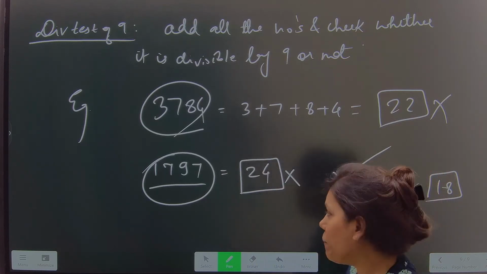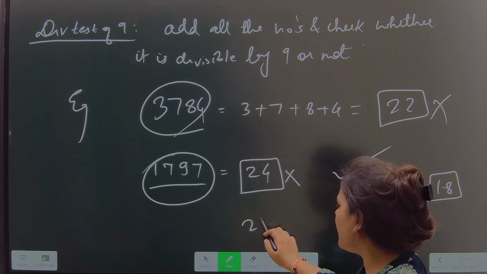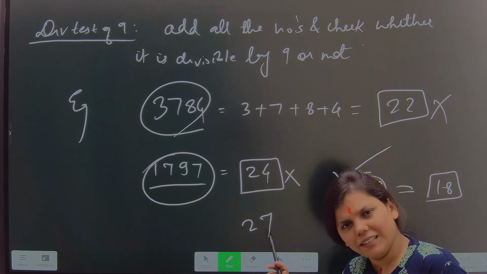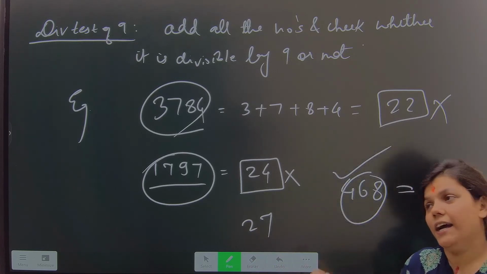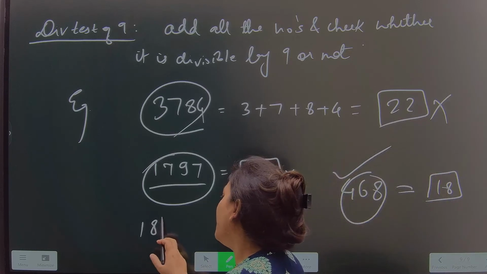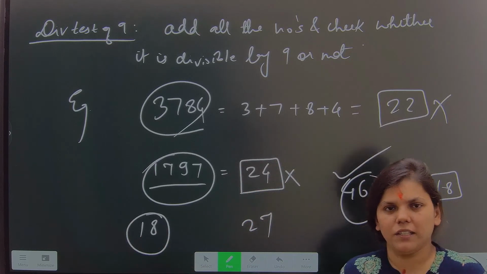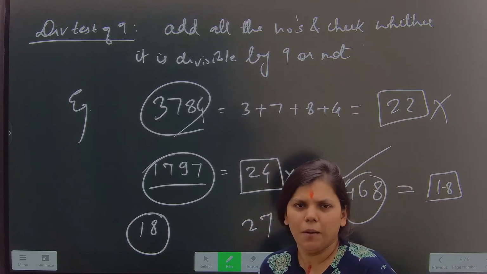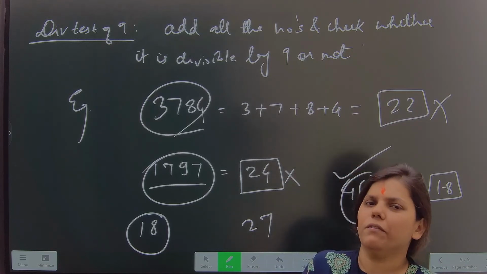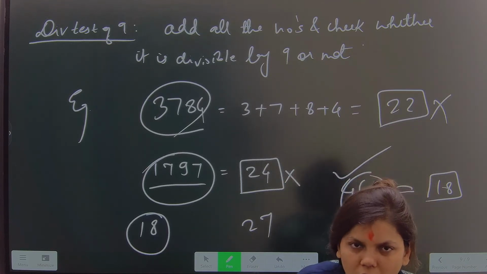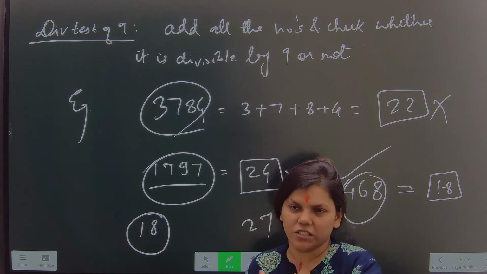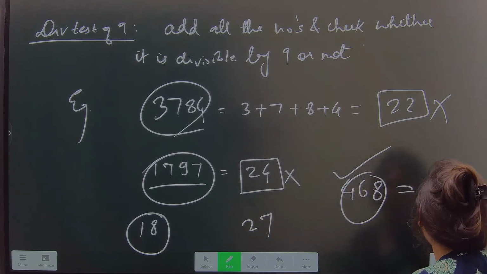Okay, for example, 27. ये divisible है 3 से, लेकिन 9 से divisible नहीं है. 18 एक ऐसा नंबर है जो 3 और 9 दोनों से divisible है. That is mere coincidence. But जरूरी नहीं है कि 3 से जो भी नंबर divisible होगा वो 9 से भी होगा, और जो 9 से divisible होगा वो 3 से भी होगा. ठीक है?